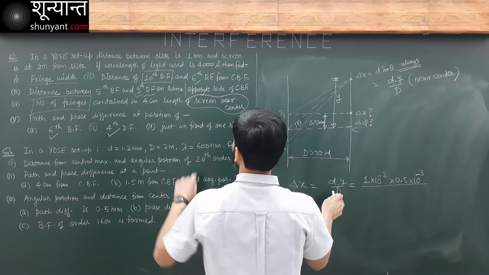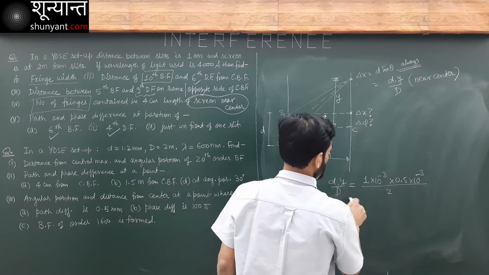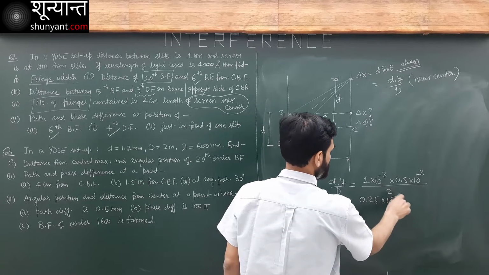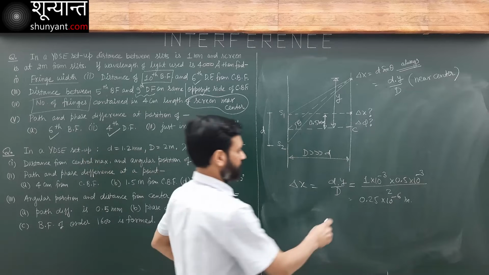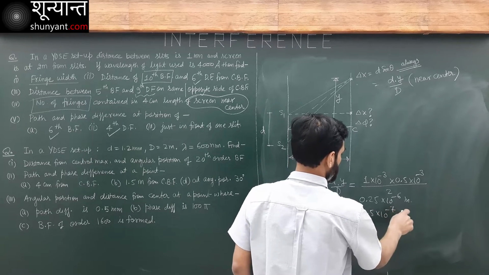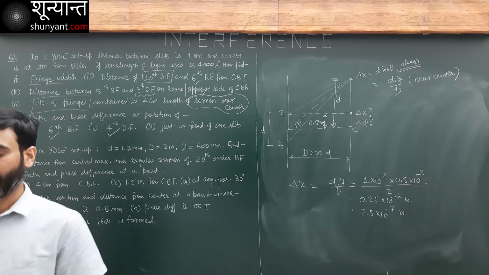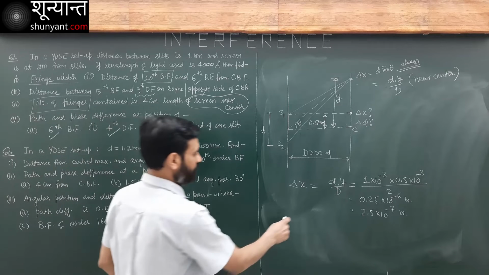And D is how much? 2 meter. So this becomes 0.25 into 10 minus 6 meter, which is 2.5 into 10 minus 7 meter. Does that make sense?